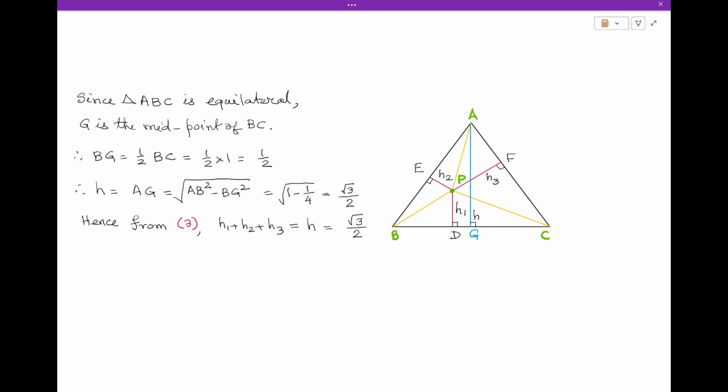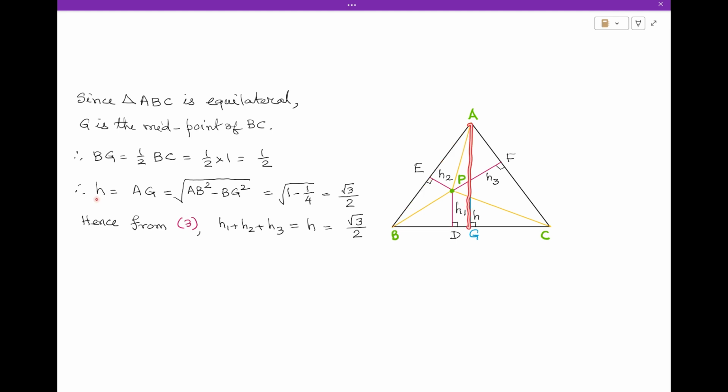Now from this triangle ABG, which is a right triangle because this angle is 90 degrees, we have AB square minus BG square is equal to AG square.